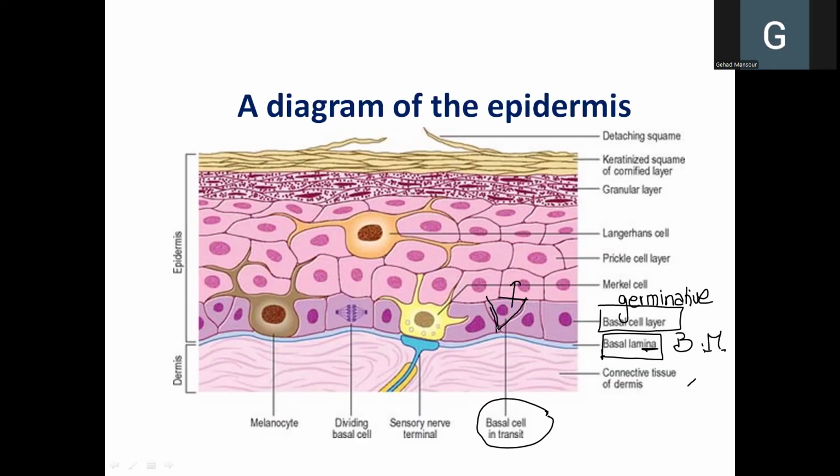Part of the reason why the cells look triangular like this is that they are crowded. A cell in transit means that the cell will move upward very soon in order to replenish the lost cells from the uppermost layers. But the basal cell in transit is also squeezed because the cells are too many.